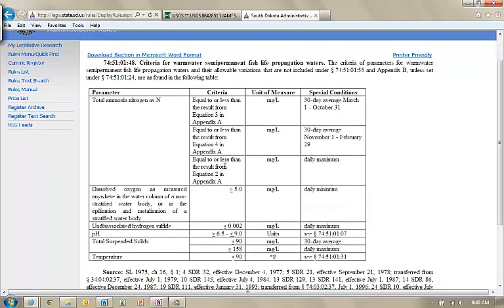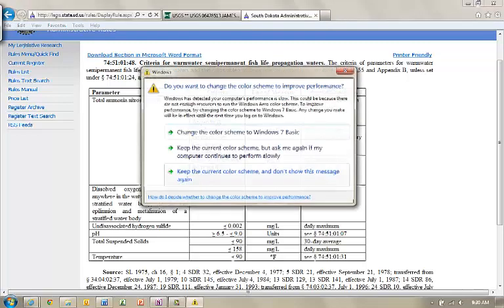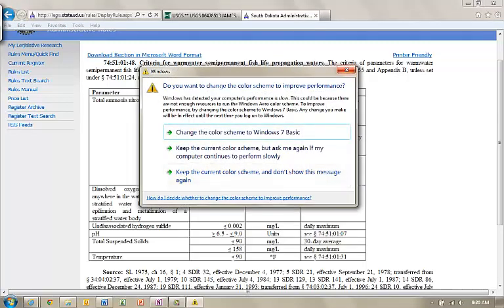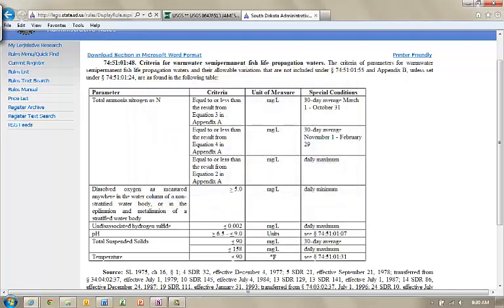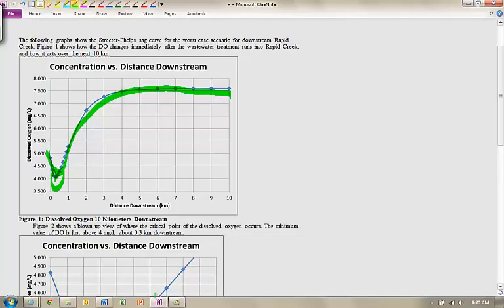We've got ammonia, nitrogen, DO. We have to keep our DO at a daily minimum of greater than 5 milligrams per liter. That's really going to be our criterion for most of the rivers in South Dakota. Again, you are to run the Streeter-Phelps model and look at where we can go.